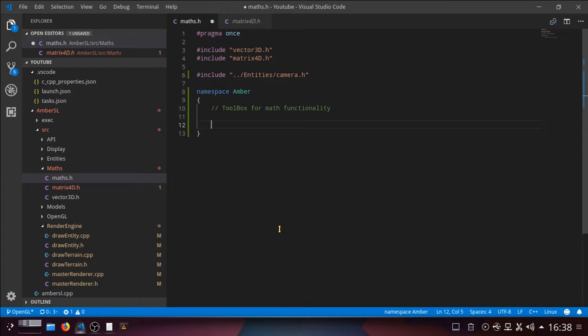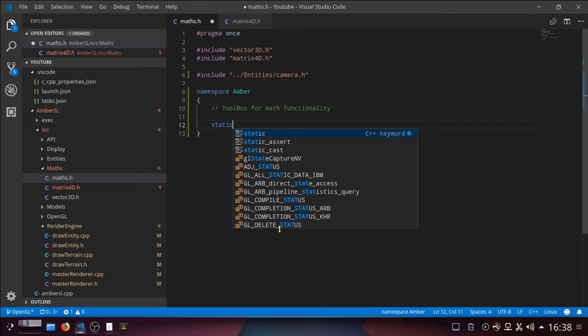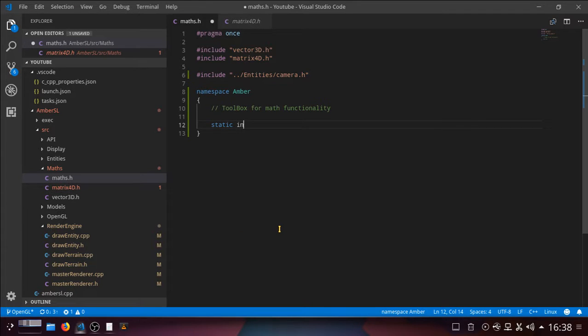First one we're going to make is a static, because it never changes. Static inline returns a float, and it's a function that's just going to float around in our global amber namespace, and it's going to be called ToRadians.